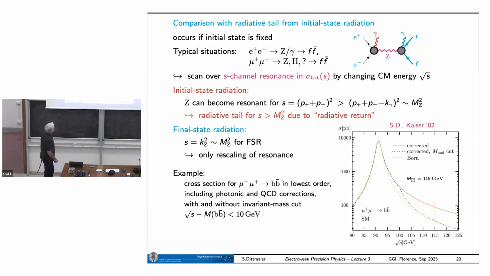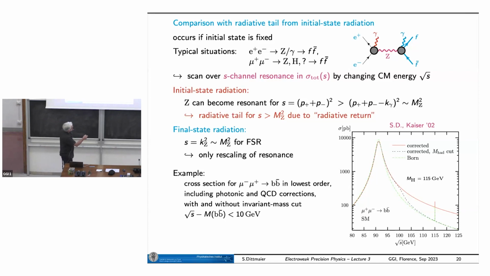Yeah, this is a cut where I only allow about 10 GeV to be taken away by initial state radiation, and I can do this by saying that the difference between the center of mass energy square root of s minus the invariant mass of the final state can at most be 10 GeV, which means if I have, for example, here an energy of 125 or so, I can only radiate away 10 GeV in energy. I cannot return to the resonance.